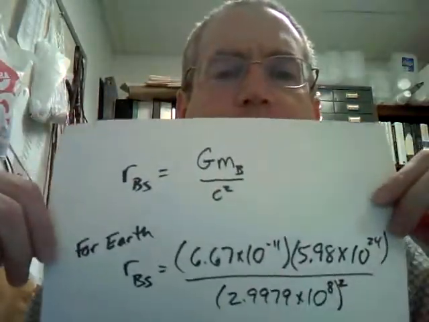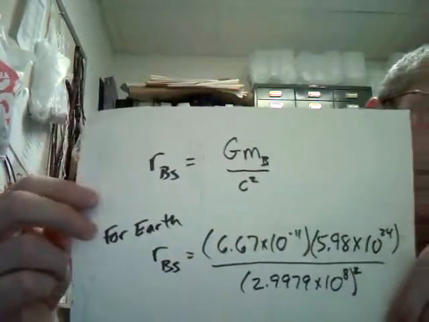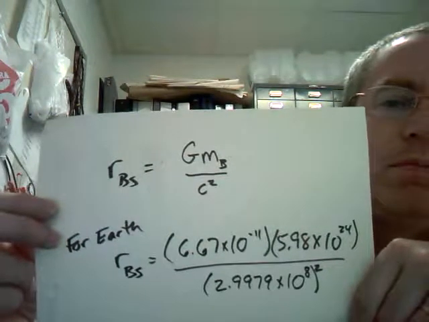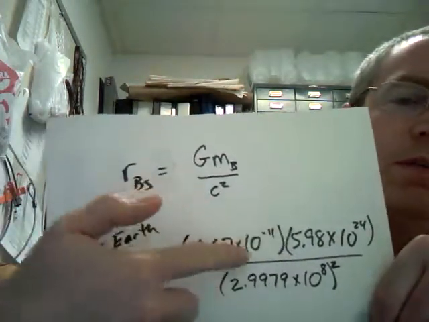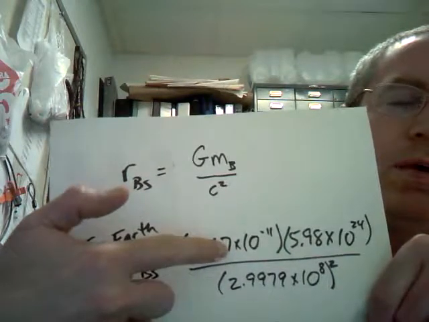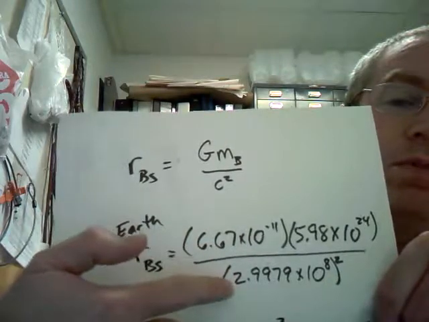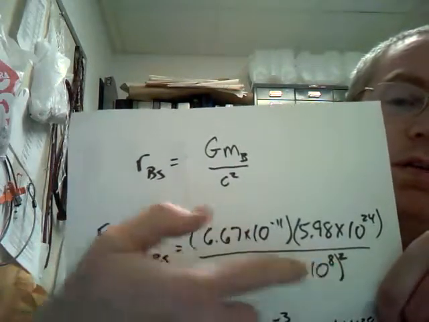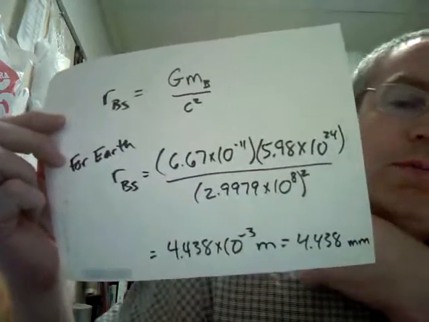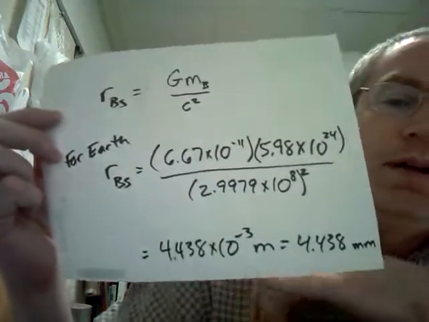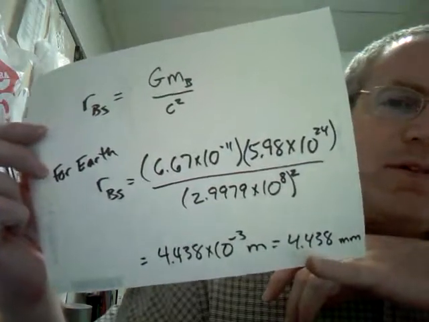If we're dealing with Earth, plugging into the semi-classical derivation, I've got my gravitational constant times the mass of the Earth. These are in SI units: kilograms for mass, Newton meter squared per kilogram squared for the constant, and meters per second for the speed of light, but then I square it because it's c squared. I end up with 4.438 times 10 to the negative third meters, or a little bit less than half a centimeter.